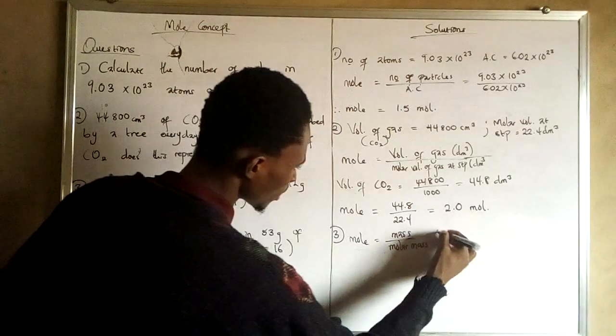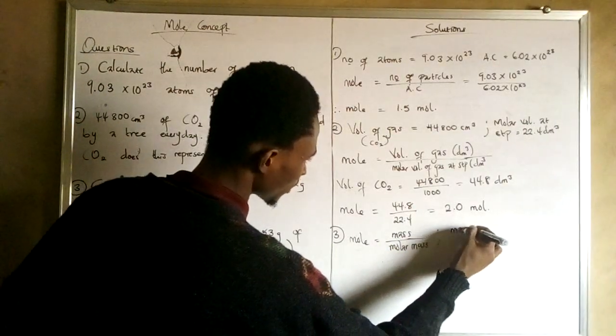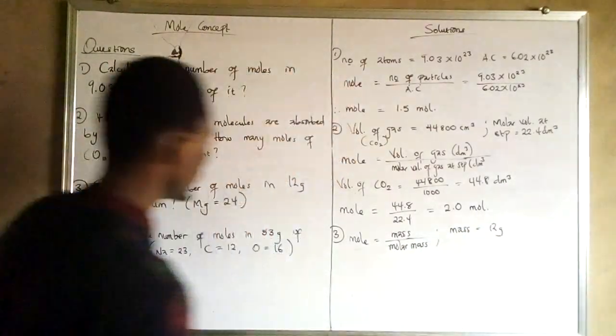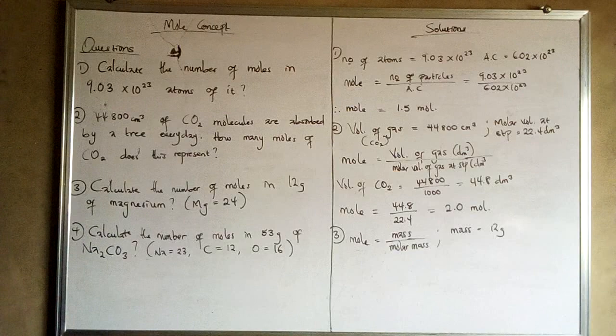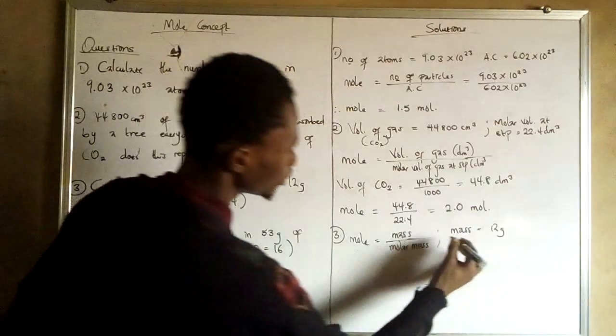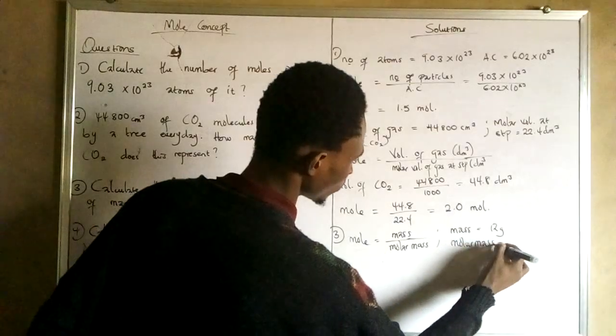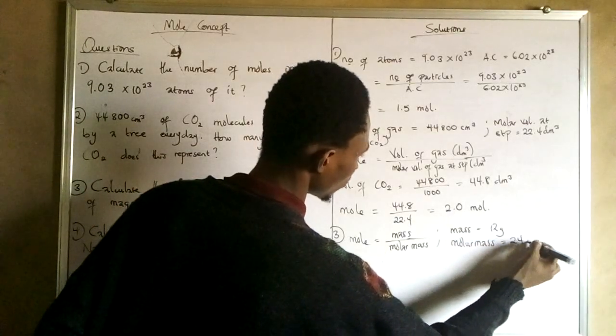Now, what are the values given in the question? The mass is 12 grams. The mass of the atom, which is magnesium, involved is 12 grams. The molar mass of magnesium is equal to 24 grams.